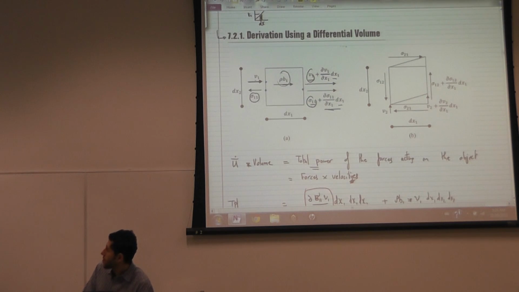So now we're left with the shear components. If this is sigma 1,2, and this is the vertical velocity v2, then this is sigma 1,2 plus a little bit more, and the velocity here is v2 plus partial v2 by partial x1, how much v2 changes with respect to x1, multiplied by dx1.